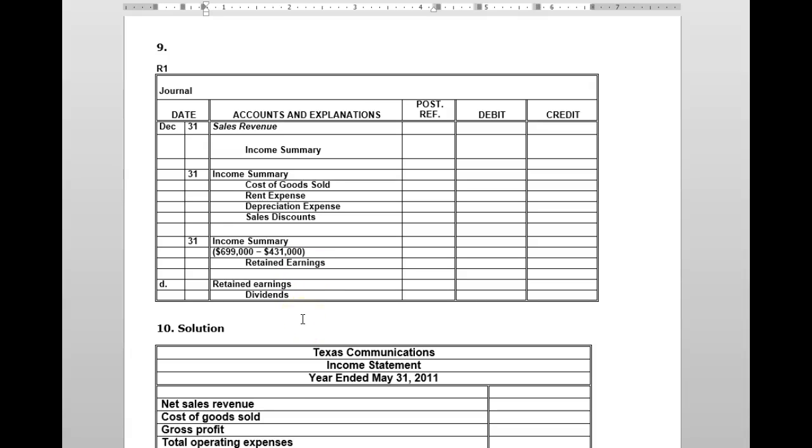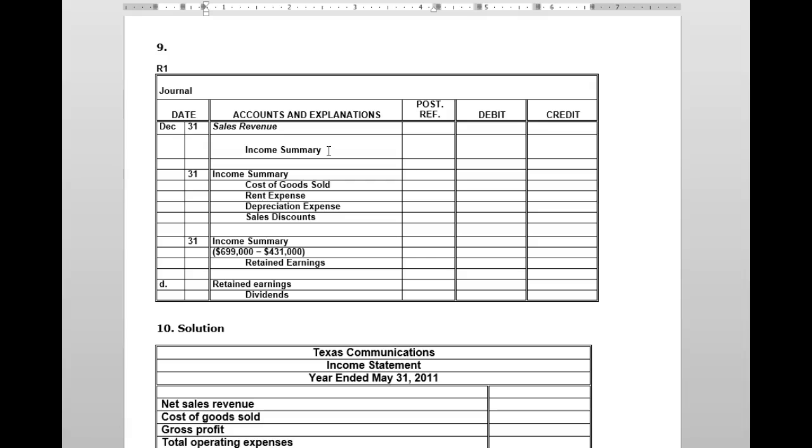So let's look at the, and also on page 297 in the textbook is an example. So look at the list of accounts they've given you. First of all, we always do this kind of in order so you don't get confused. You're going to close your revenue account.